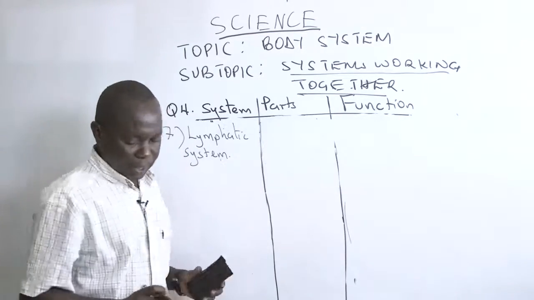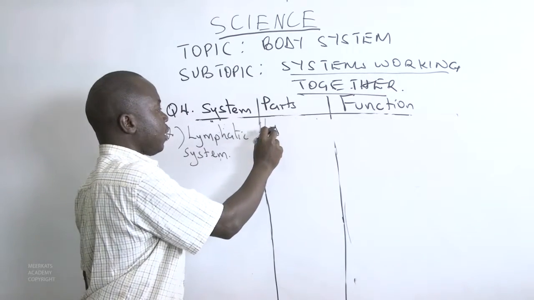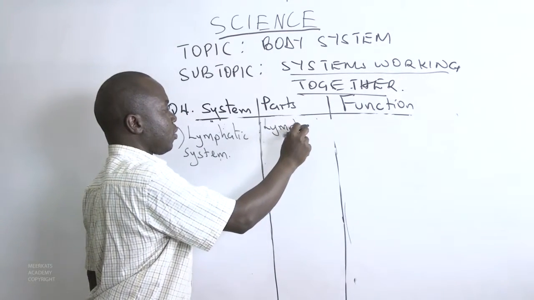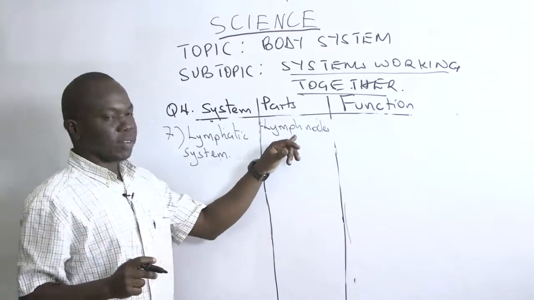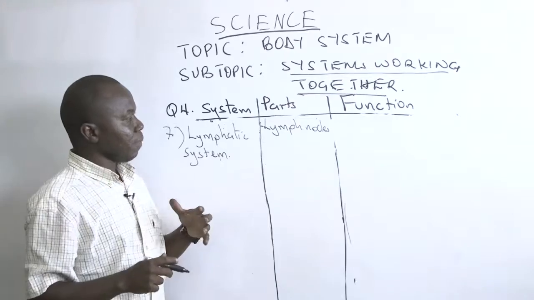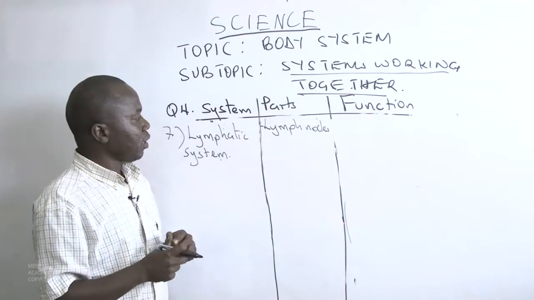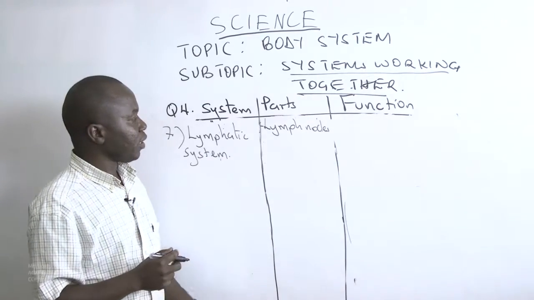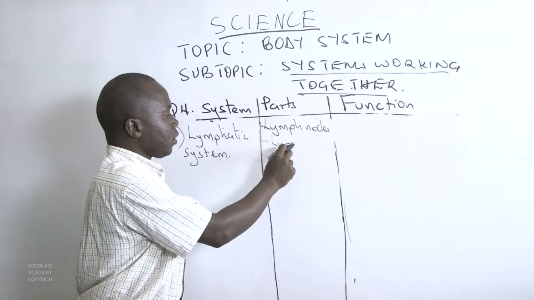Lymphatic system. Parts of the lymphatic system include lymph nodes. We were able to mention several lymph nodes under the armpits, axillary lymph nodes. We have the pelvic lymph nodes and several others. We have a fluid called lymph.